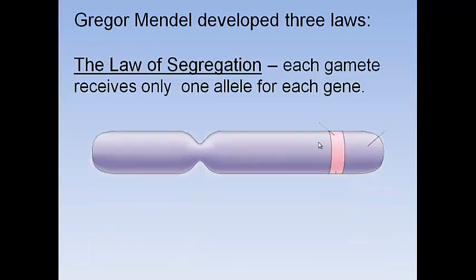And that's easy to understand because in meiosis, homologous chromosomes were separated from each other, and a gamete only got one copy of each of the homologous chromosomes. A chromosome can carry one version of the gene, so a gamete can only carry one version of the gene because it only has one of the homologous chromosomes.